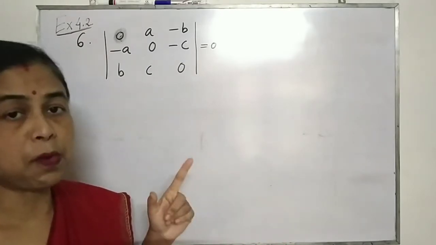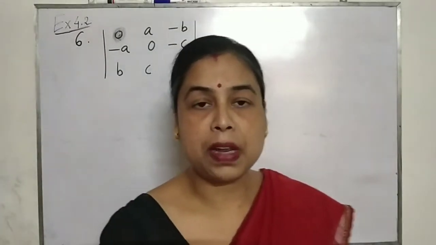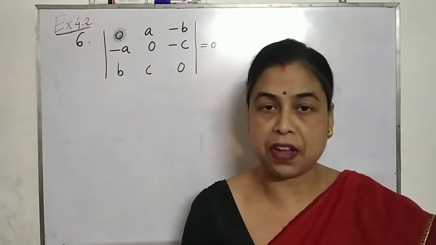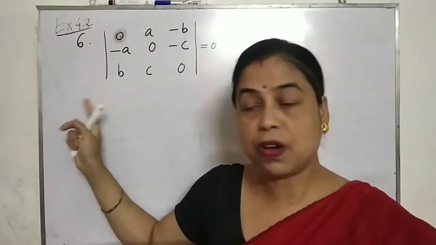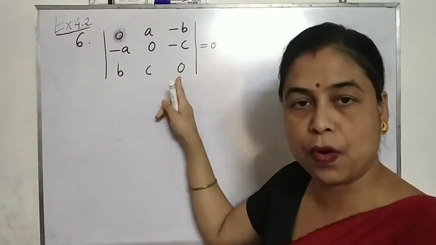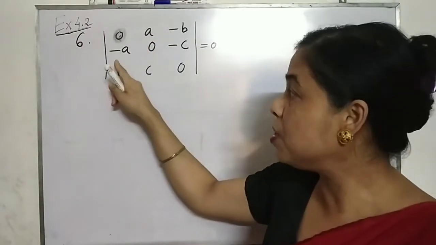And here, if you notice properly, the matrix from which this determinant is obtained is skew symmetric, because the diagonal elements are 0 and the non-diagonal elements satisfy Aij equal to minus Aji.